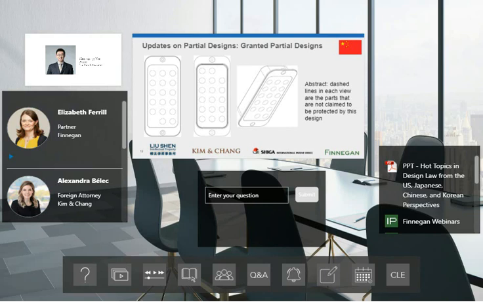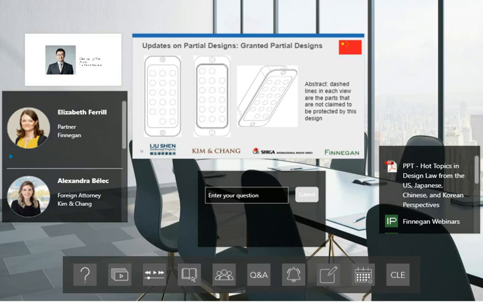So this is one example. Here the partial design is claimed using the solid line, and those dashed circles on such product. Those dashed lines in each view are the parts that are not claimed to be protected by this design.